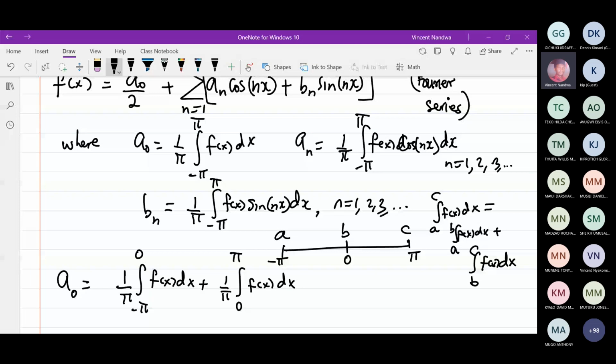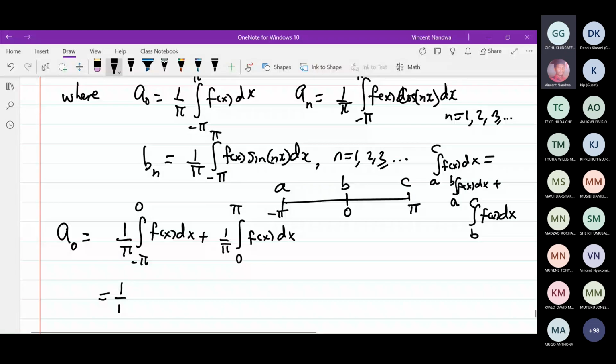Now, what is the value of the function from minus pi to 0? Which formula do we use? Do we use 1 or 0? 1. 1 is what defines the function when you are from minus pi to 0. So where there's f of x, we put 1 dx plus 1 over pi. Now from 0 to pi, which formula do we use? 0.